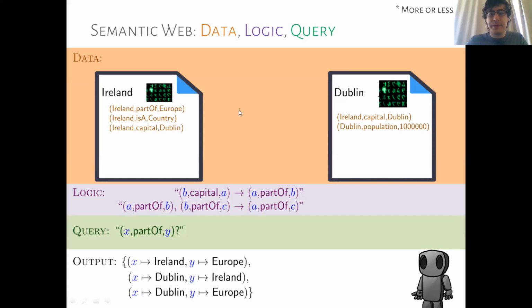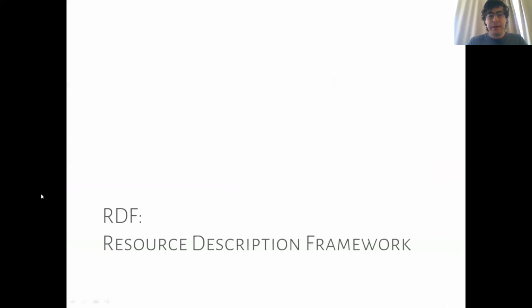RDF is the proposal of a web standards body called the W3C to be able to structure the content of the web to enable these other parts, the logic and the query parts later. So RDF stands for Resource Description Framework, a framework for describing resources. Resources can be anything with identity, people, places, events, you name it.